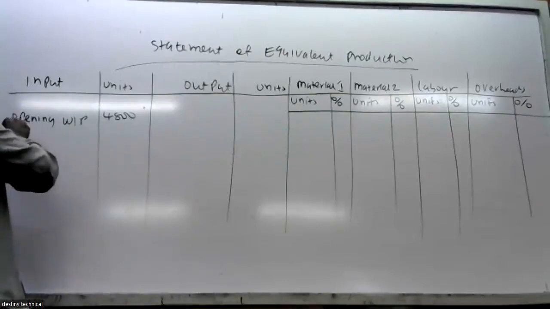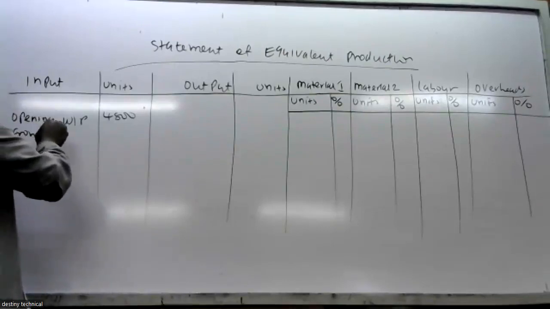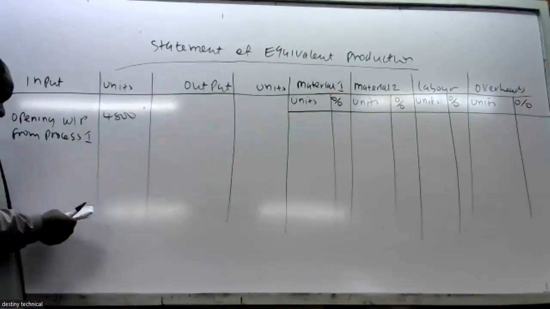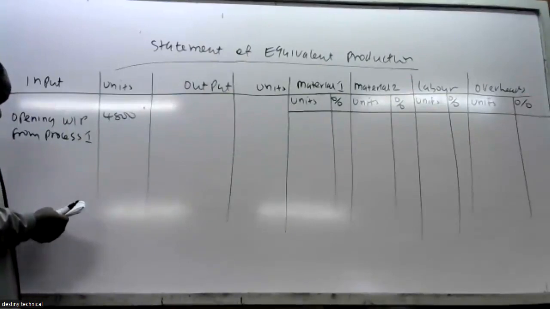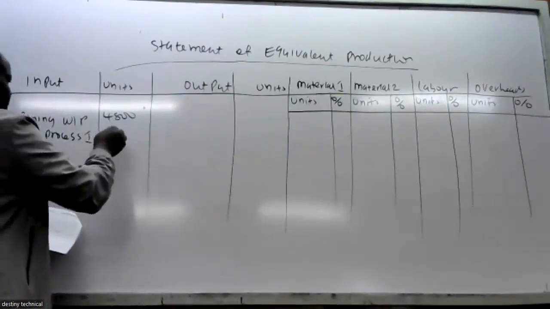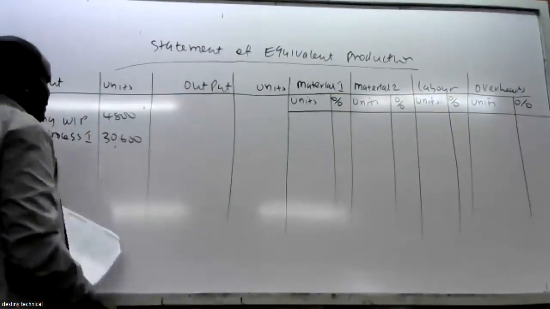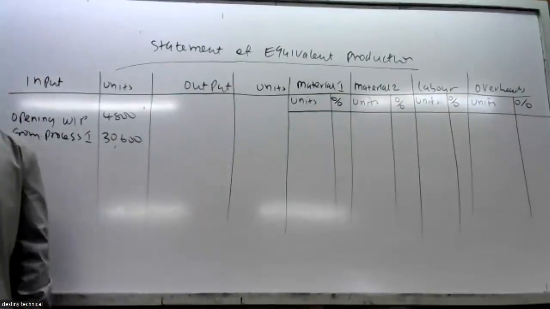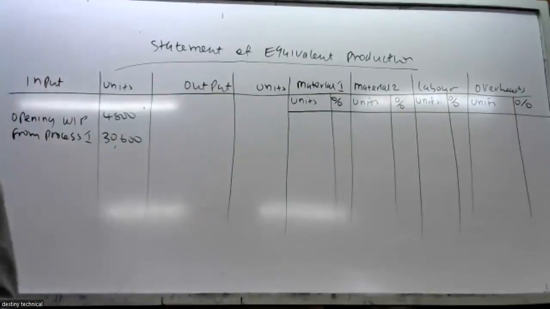And also from process one, which is what was brought in, in note number 1, it was 30,600. So that is now the input. On the side of the input, remember we are only interested in the units.